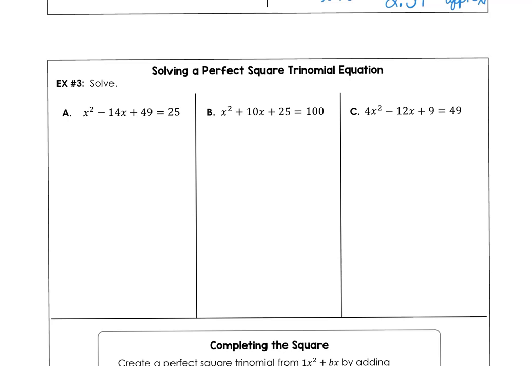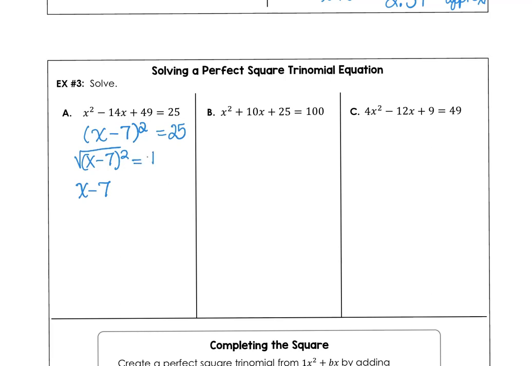Next, something you want to recognize is that you've got a perfect square trinomial in certain situations and how that can benefit you in solving. So on part A, I see the left is the binomial x minus 7 squared. Because I have squares on both sides, if we take the square root of the binomial squared, that gives us x minus 7.